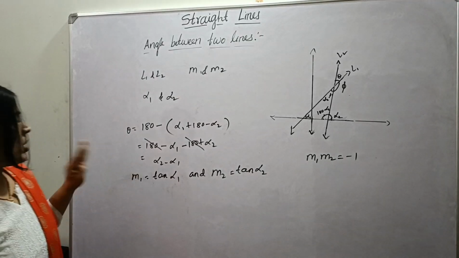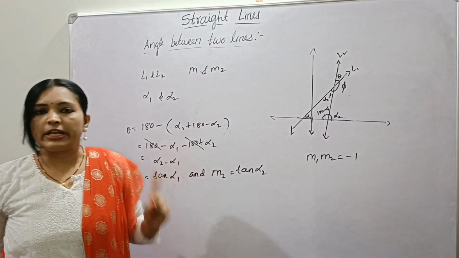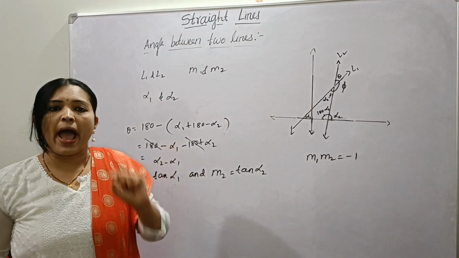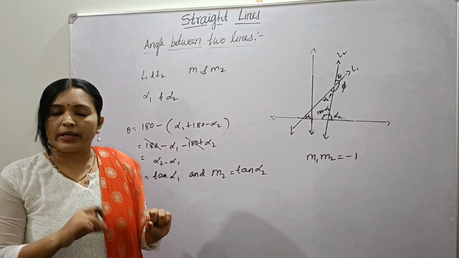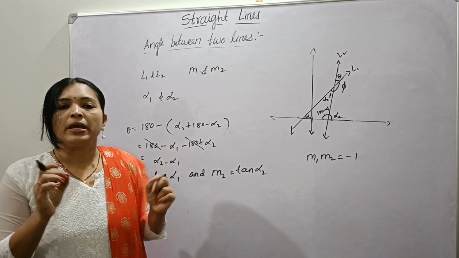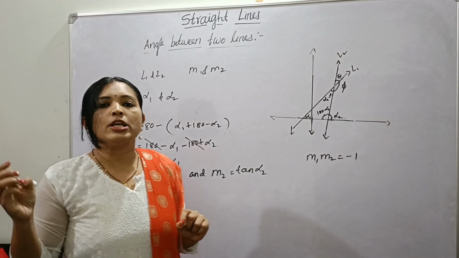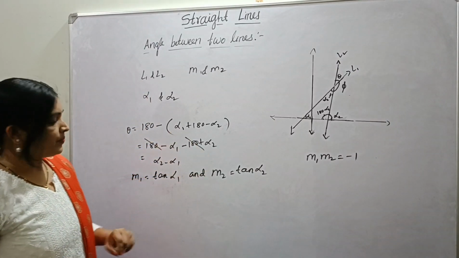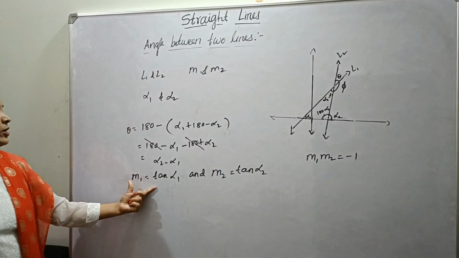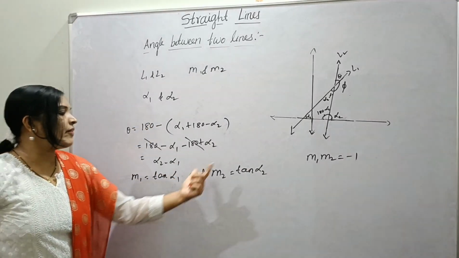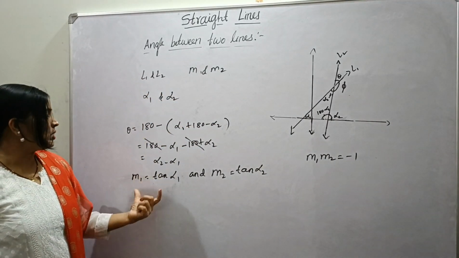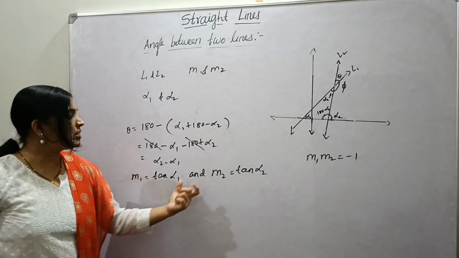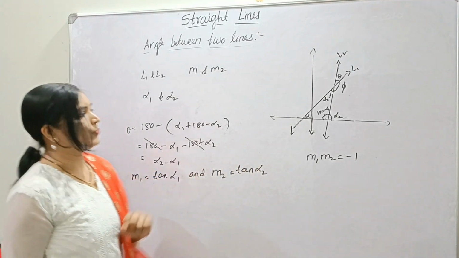Because by definition, if theta is the inclination of the line L, then m, the slope, is equal to tan theta. So here m1 is equal to tan alpha 1 and m2 is equal to tan alpha 2, because alpha 1 and alpha 2 are the inclinations of the lines L1 and L2.